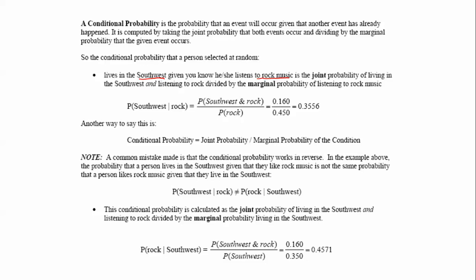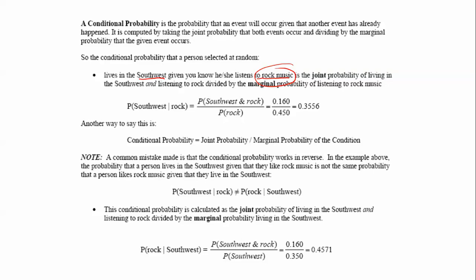Hopefully you can see that by saying that we know the person listens to rock music, it eliminates all of the people that like classical or country. So what happens in our probability calculation is that the denominator, the total number of possible events, is reduced.